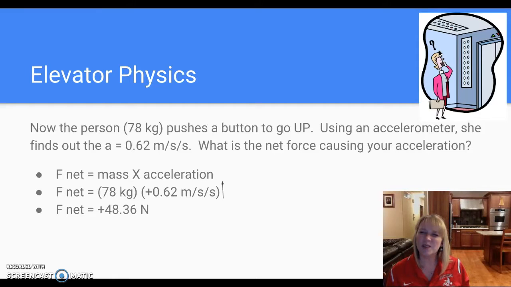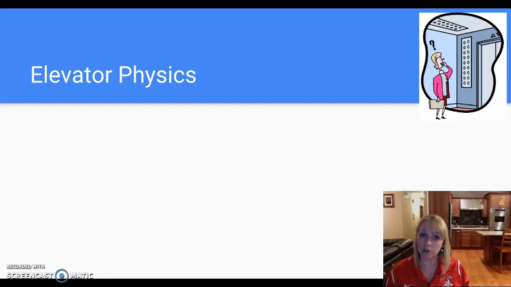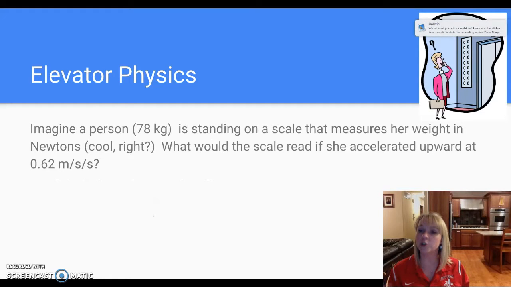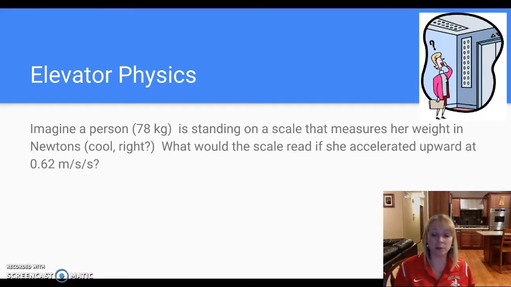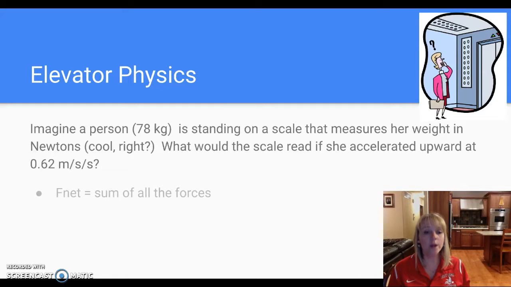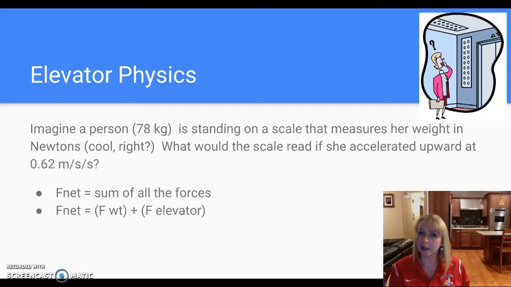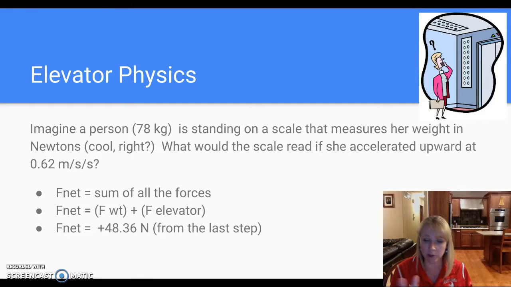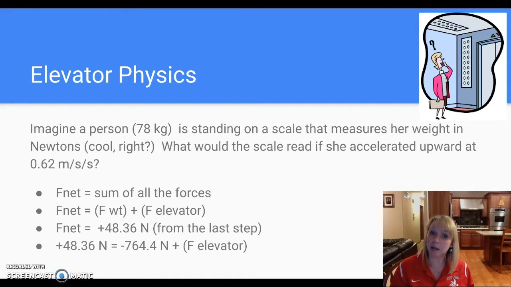But the cool thing to do in physics is try to predict what would happen to your weight. What would you feel like? So on this one, with the same problem, we want to see what her weight would be. You go back to F net equals your weight pushing down plus the elevator pushing back up on you. And you already know from the last problem that the F net for this acceleration is 48.36 newtons acting upward. So now plug that back in.